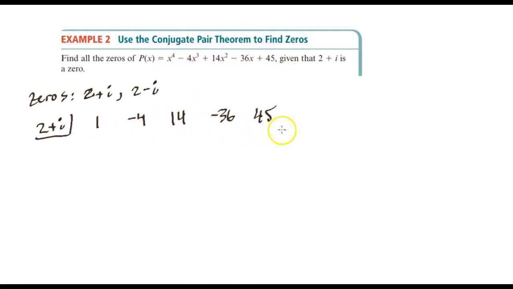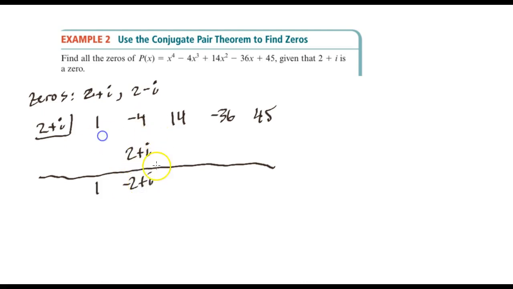So we don't need any spacers, any zeros in here. We're going to add down, so that's just 1, and then we multiply up. So 2 plus i times 1 is 2 plus i. Then we add negative 4 with 2 plus i, so negative 4 plus 2 is negative 2, and there's nothing with i to add.